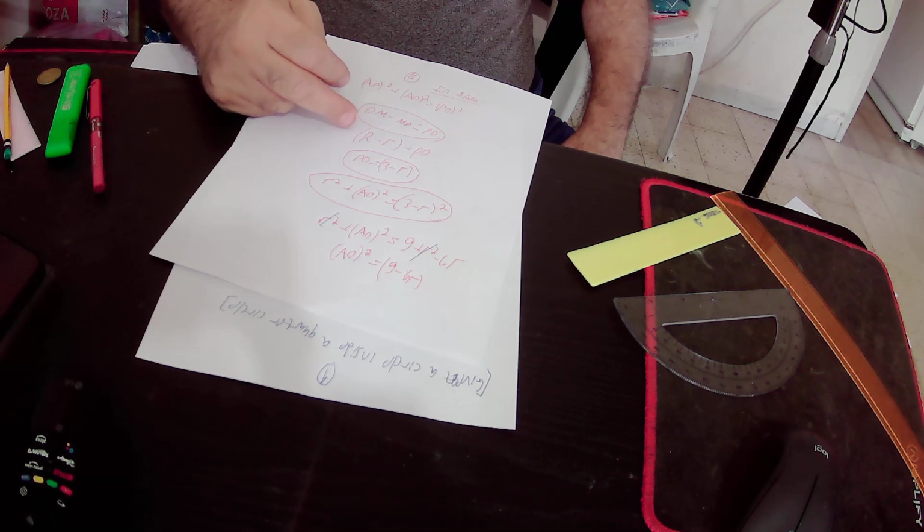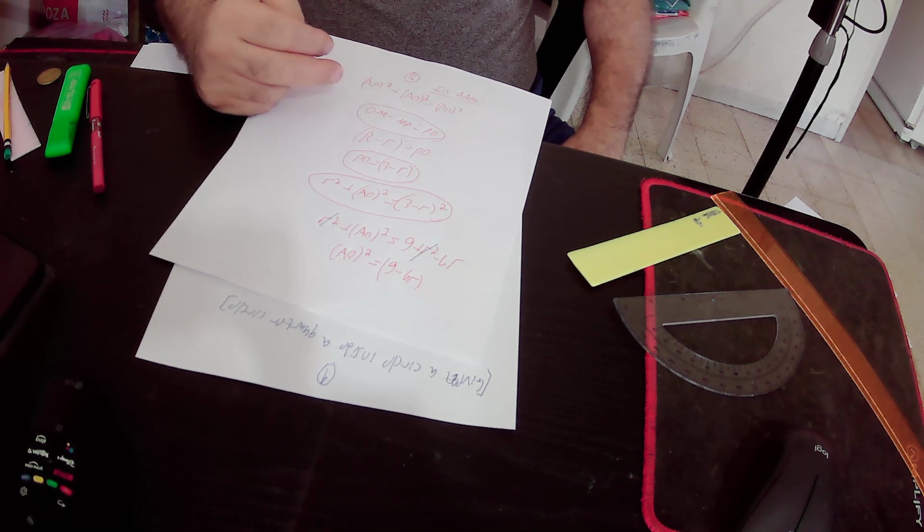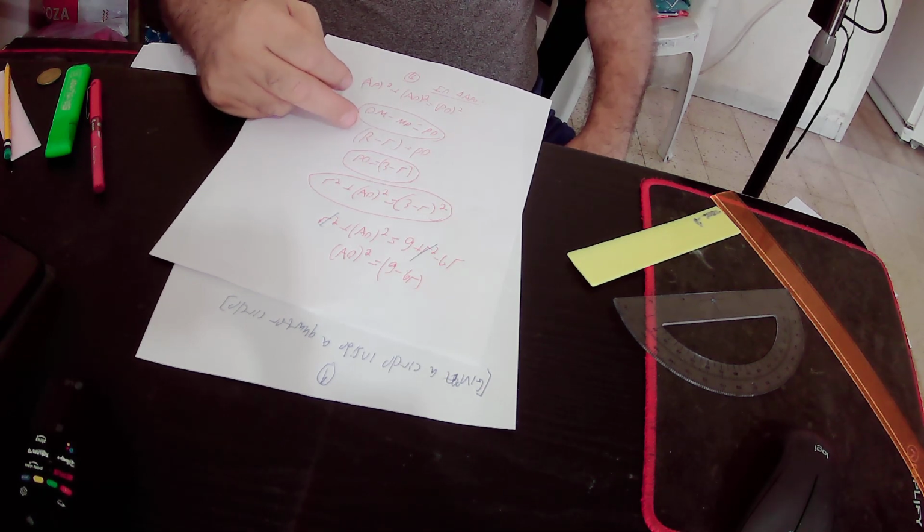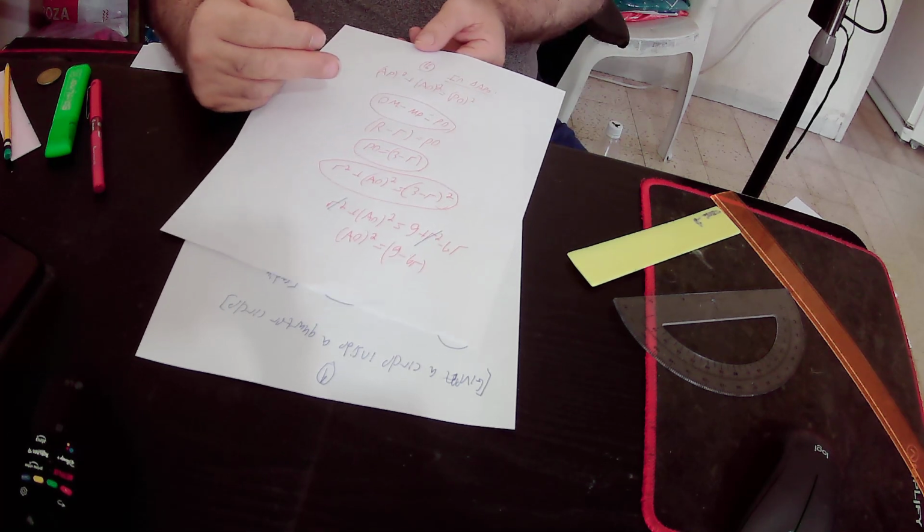So PO equals capital R minus small r. But we know that the radius of the big circle equals 3 units, so capital R equals 3. So PO equals 3 minus r.